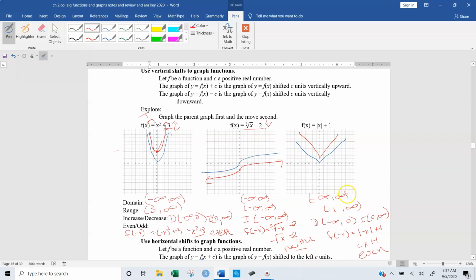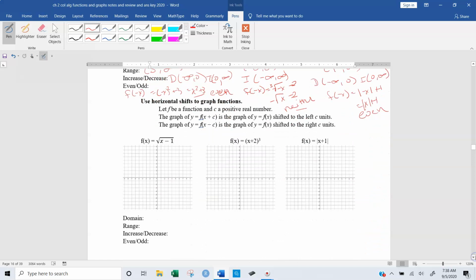Do this one, negative infinity to infinity for domain. This one starts at 1, not actually a vertex, from 1 to infinity. It is decreasing from negative infinity to 0, and then it starts increasing from 0 to infinity. Plug in your negative x. It is identical to your original, so therefore it is even.